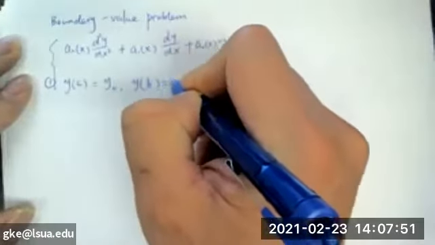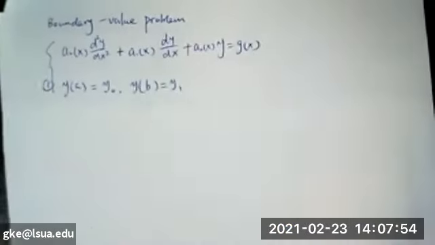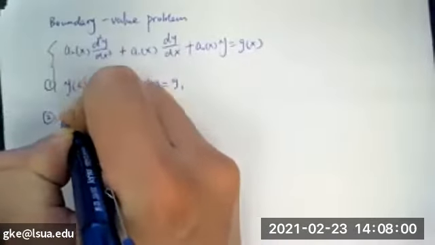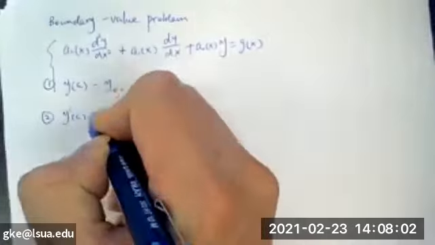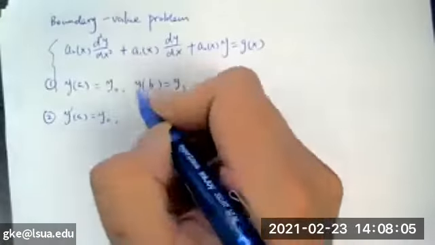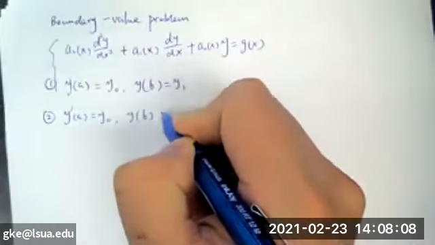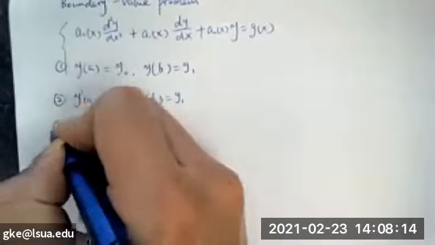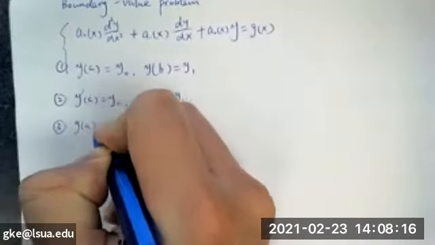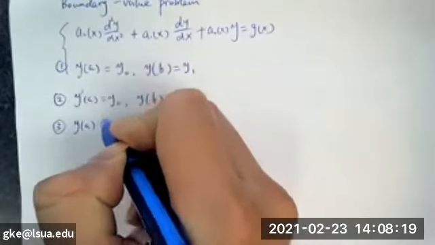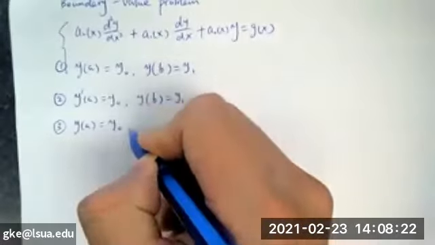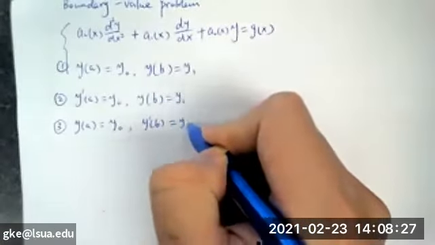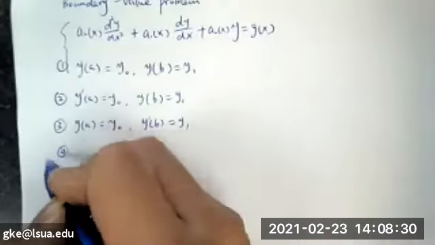YB equals Y1. And the second one is, we have 4 scenarios for the boundary condition.